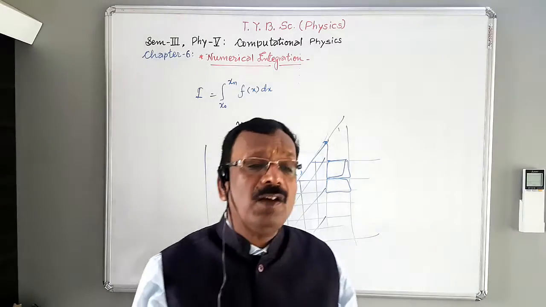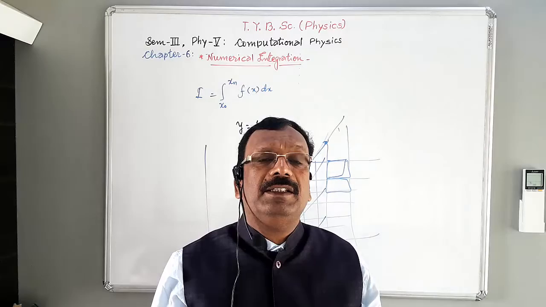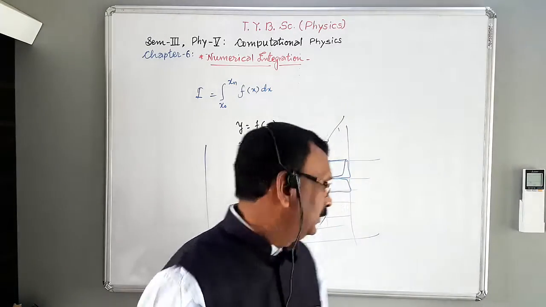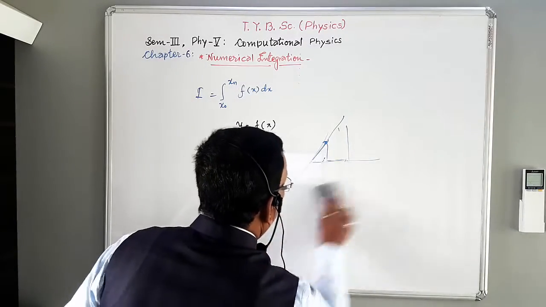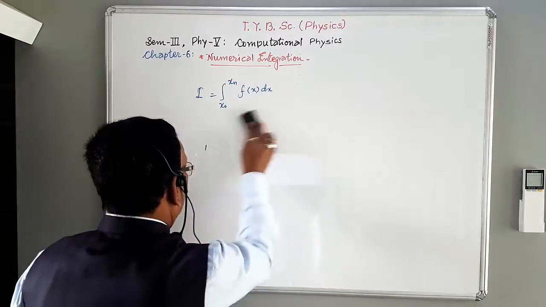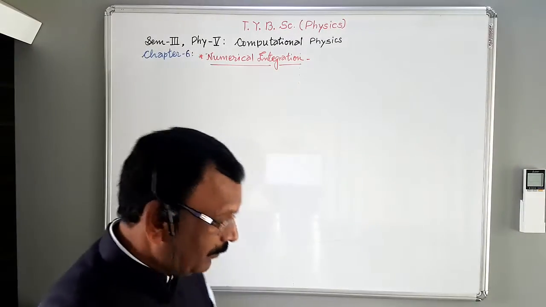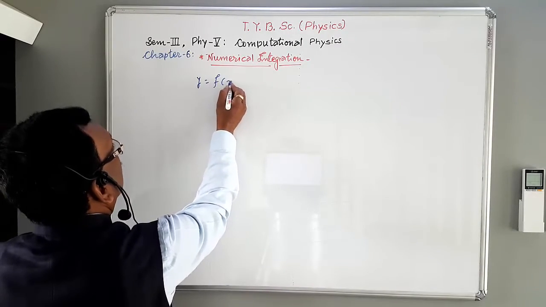Okay. Now we are going to see the first numerical integration method, that is the trapezoidal rule. What is the trapezoidal rule? See here. Consider a function y equal to f of x.